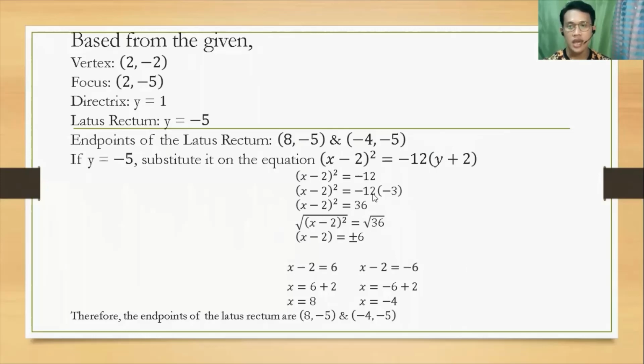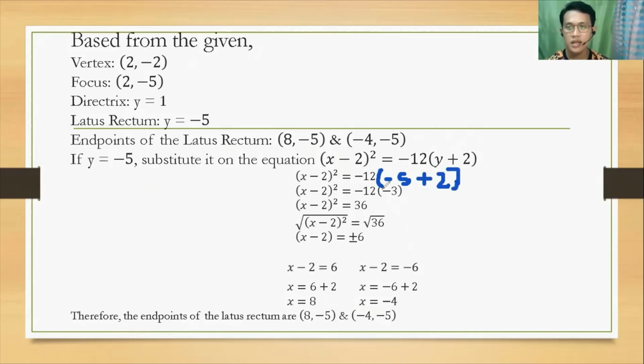So we need to change y into -5. And we will now have the quantity of x minus 2, squared, is equal to -12 times our value, which is -5, plus 2.